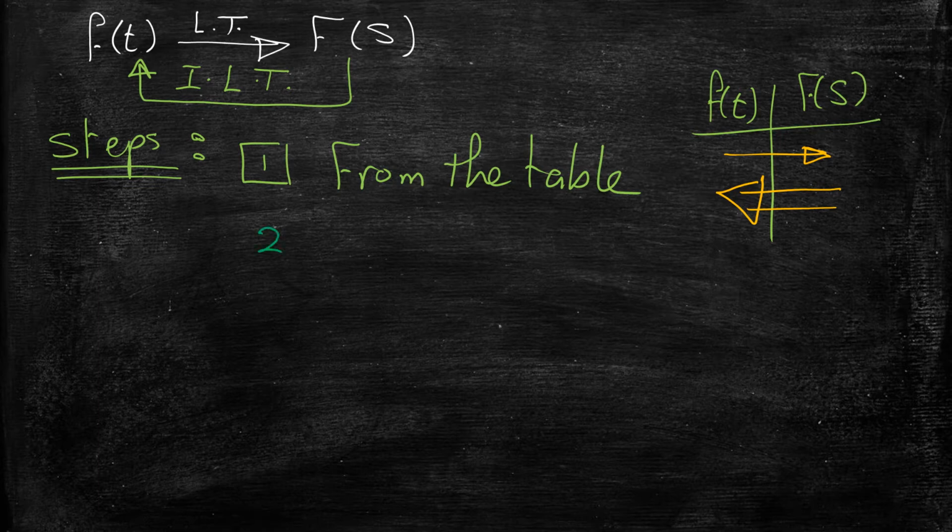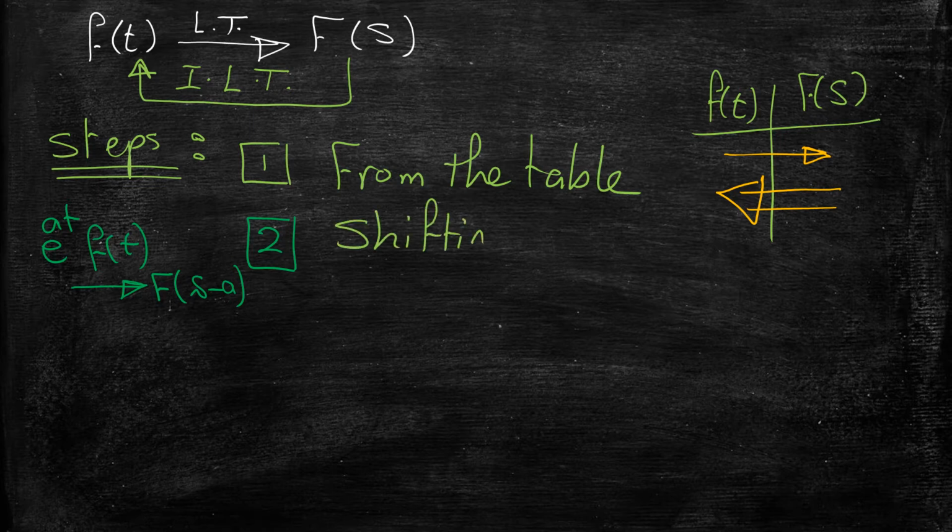Number two, previously we were using the shifting property. If we multiply this f of t by an exponential, this does nothing but make s shifted by this value of a. Right now we are doing the opposite. If we have any shifting in s, this will be seen as if there was an exponential, and then we can get this exponential out.